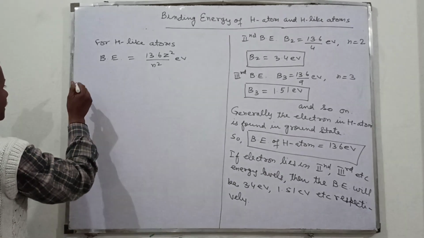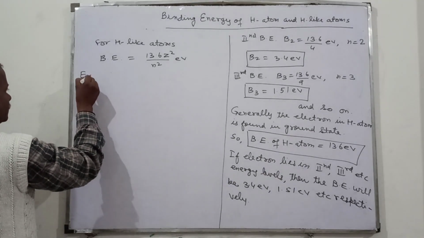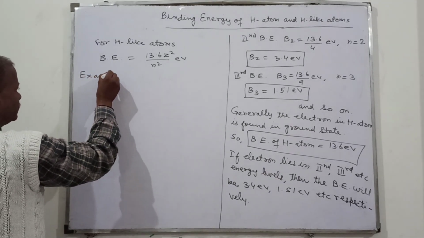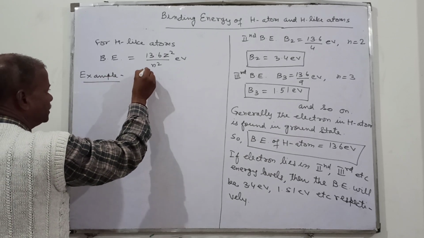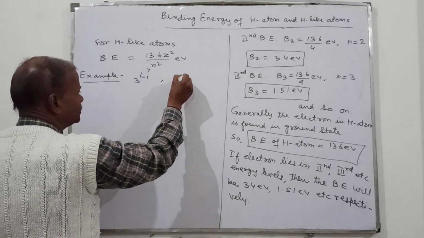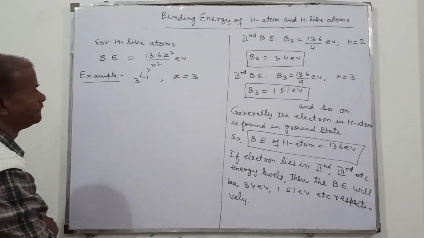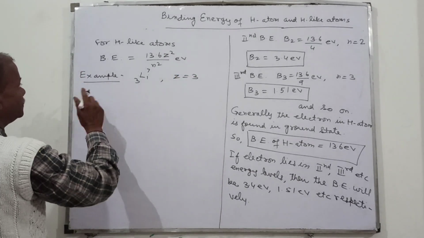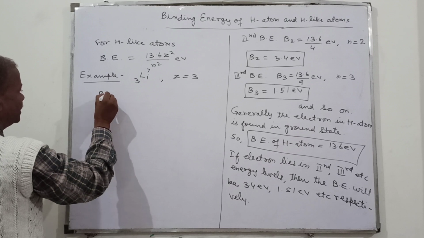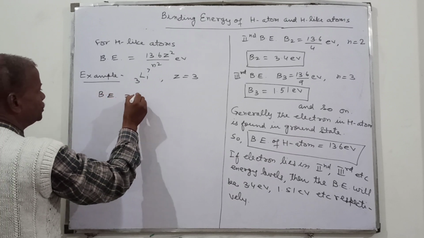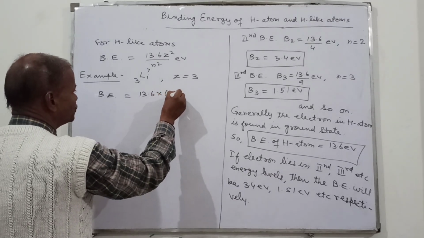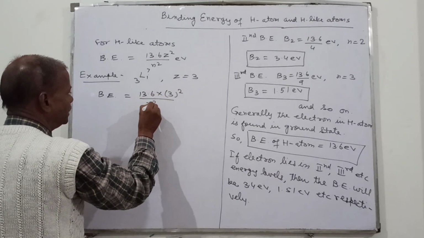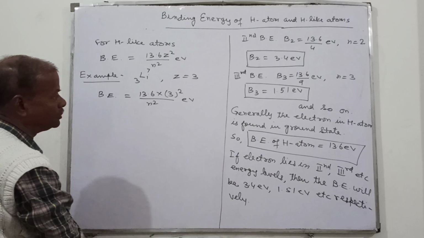Now for example, we take lithium 3,7. So for this, Z equals 3. So the binding energy is equal to 13.6 into 3 square upon N square electron volt.